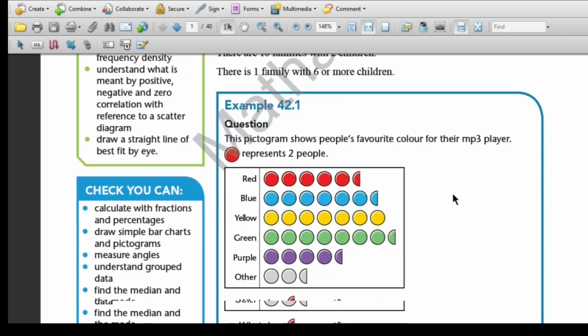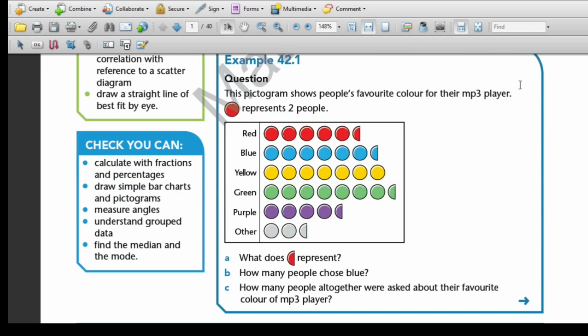Similarly, pictograms can be used to represent data. The pictogram shows people's favorite color for their MP3 players. This complete circle represents 2 people. So red is 11, blue is 13, yellow is 14, green is 15, dark blue purple is 9, and others are 5.